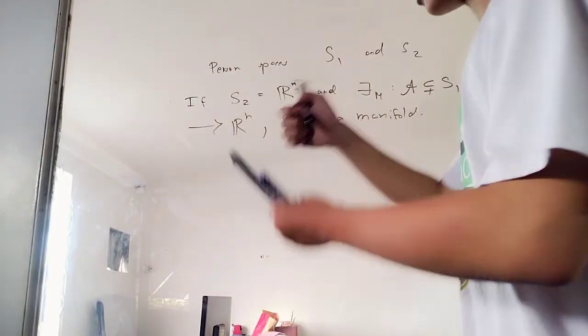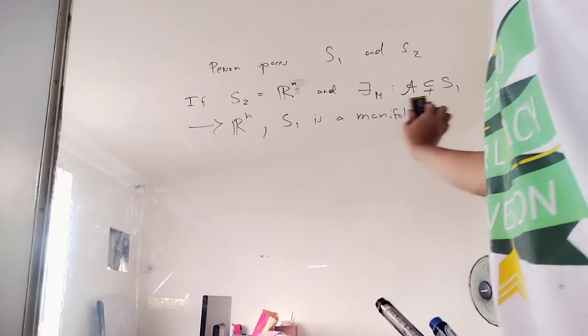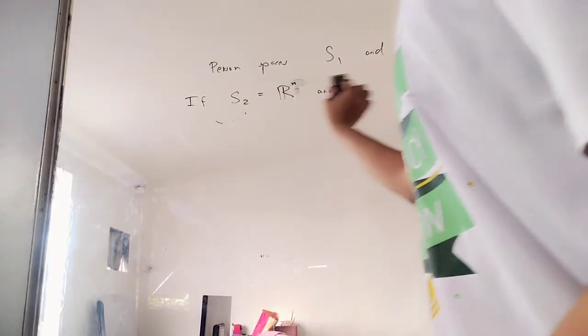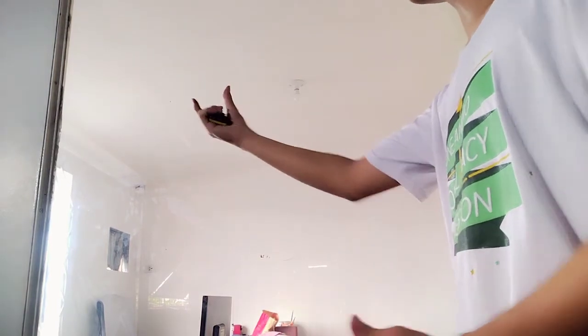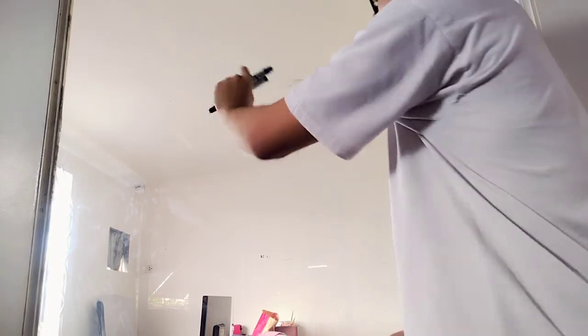But that's not related to the study. I'm just going to say that if we have points, or persons, within S1 that have neighborhoods which we can map onto subsets of Rn, then that person space can be classified as a manifold already.